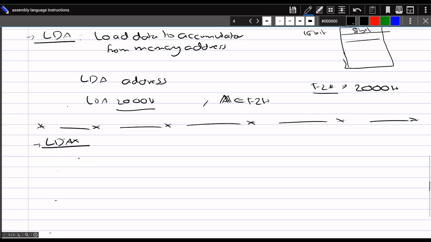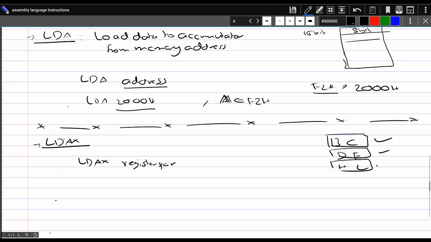In case of LDAX, instead of directly providing the address like in LDA, we use a register pair. As you already know, we have BC, DE and HL registers which we can use in pairs. So we can use either a BC pair, DE pair or HL pair.